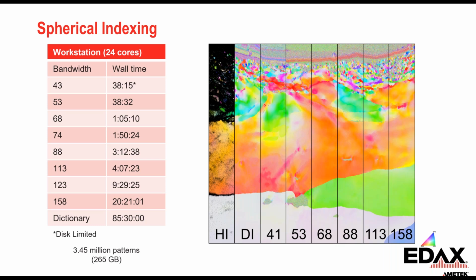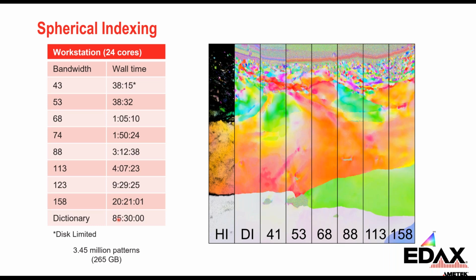And then these are what's termed bandwidth, that helps define how precisely we're using those spherical harmonic things to find the matches. And you can see that even at a 41 bandwidth, the structure is pretty nice and it improves as we go through here. And it gives an idea here of the sort of time improvements we can get.